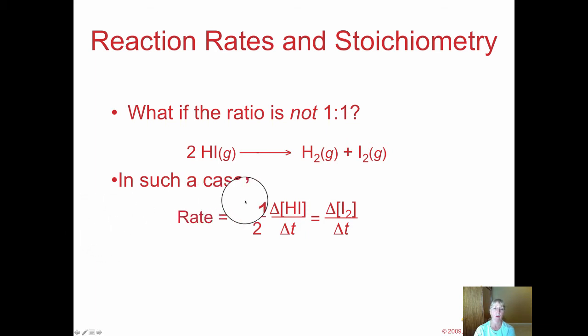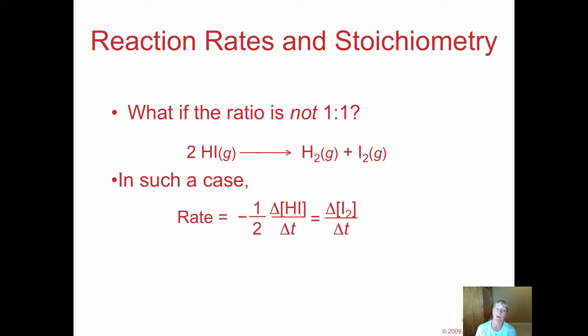So that's why there's a 1/2 in front of the change in concentration of hydrogen iodide over the change in time. There is a 2 as a coefficient in front of the hydrogen iodide, and we're going to put a negative value in front because we're looking at that from the perspective of the hydrogen iodide disappearing.